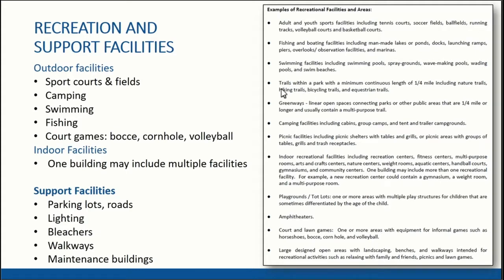Also, we want you to note that for a trail or walkway to count as a recreation facility, it must be a minimum continuous length of 1/4 mile. So this is for your trails, equestrian trails, hiking trails. If it meets that 1/4 mile minimum, you can get points for a trail.